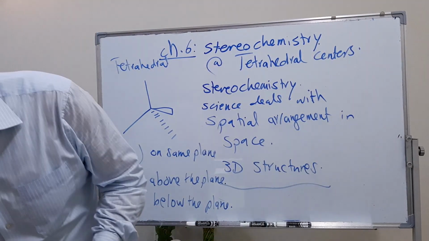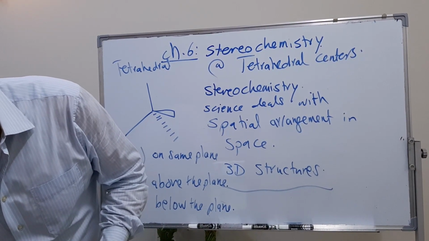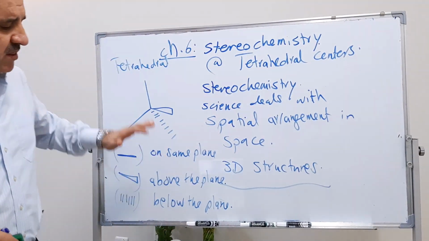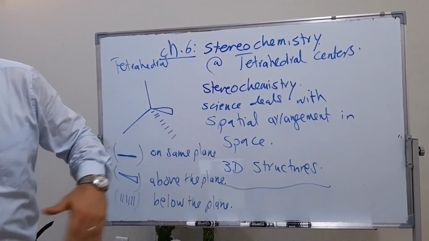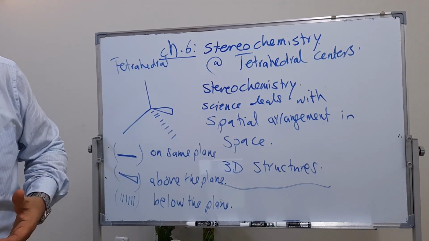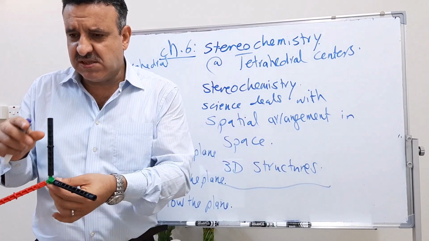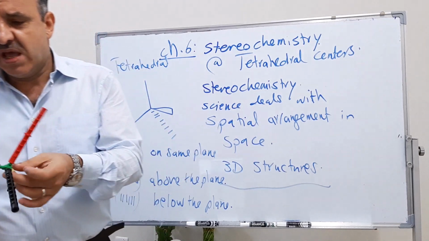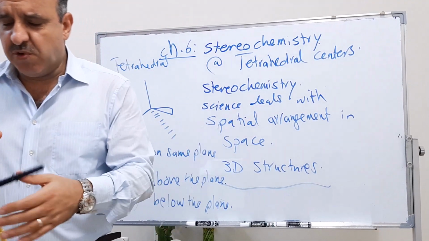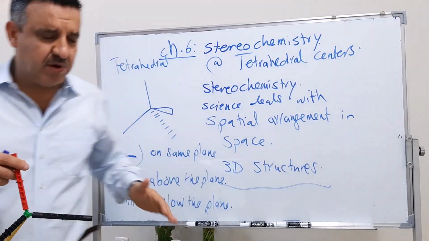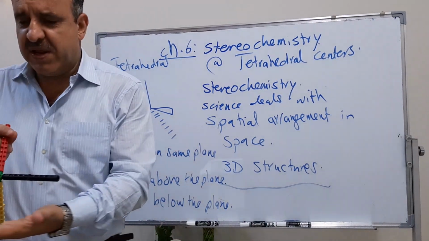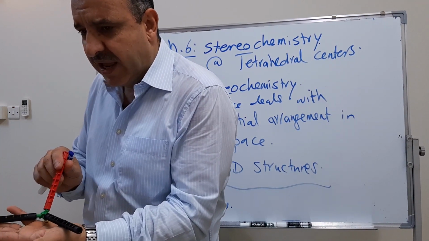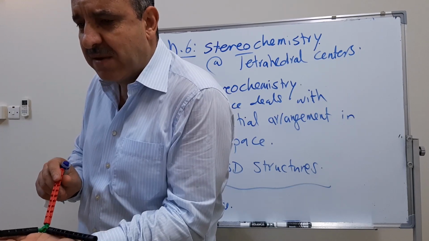From now on, you should all try to imagine, because without imagination we cannot deal with this very important aspect of chemistry, which is stereochemistry. Stereochemistry is about imagination. Let me show you again. This is the tetrahedral molecule. When we want to view it in two dimensions, we imagine that there are two atoms, the black ones here, in the same plane, as you can see.